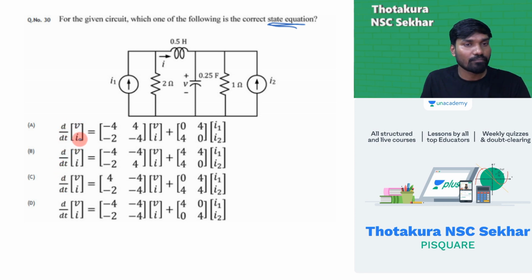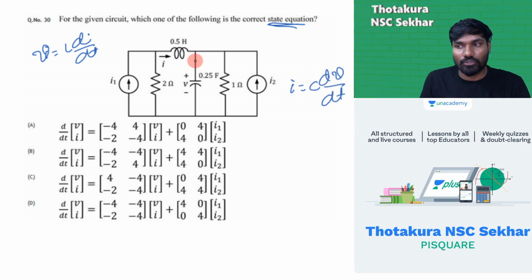So dv by dt, di by dt means this inductor, rate of change of voltage, rate of change of current. We know V is equal to L di by dt, this is the voltage across this, and for this, current I is equal to C into dV by dt.